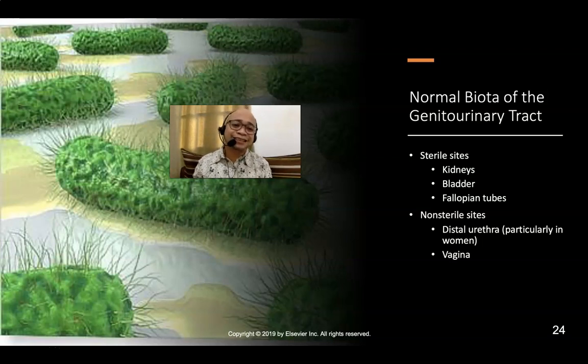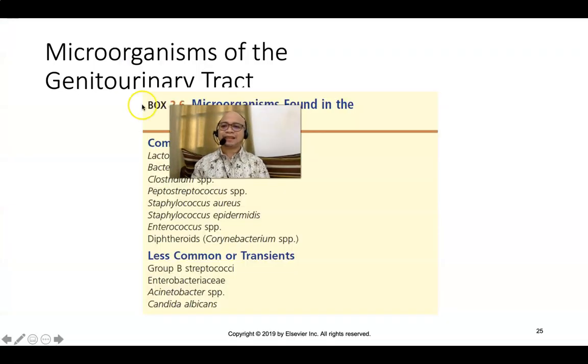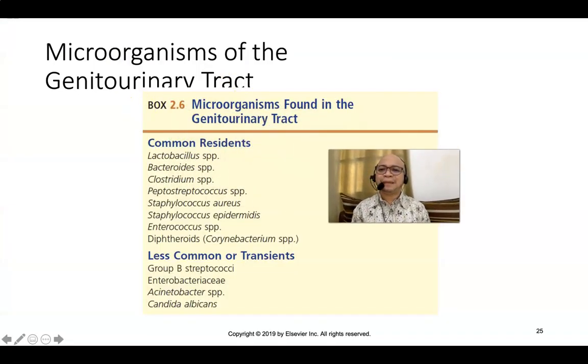Non-sterile sites are the distal urethra, particularly in women, and the vagina. So these are the non-sterile sites, and these are the different microorganisms of the genital urinary tract. Noteworthy to mention is Lactobacillus acidophilus.